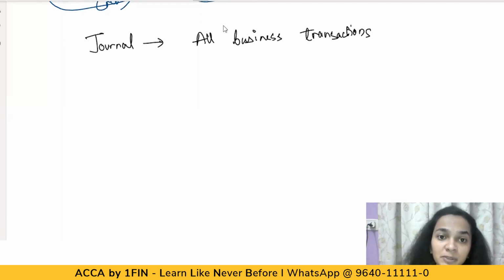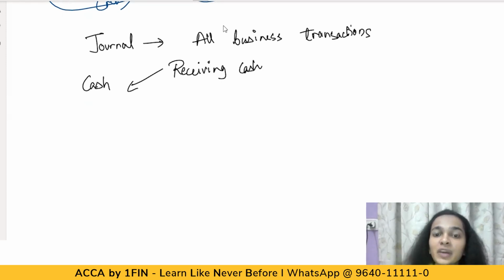Now, talking about journal entries, there are certain things which you should keep in mind whenever you're passing a journal entry. First, let's talk about cash. Whenever there's receipt of cash, whenever there's receipt of any amount, we will debit it.